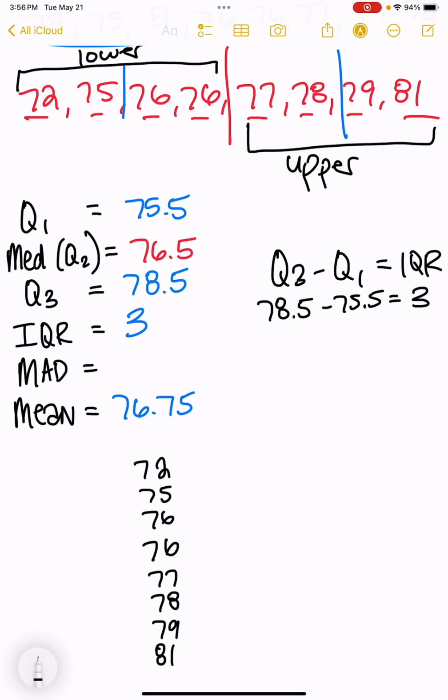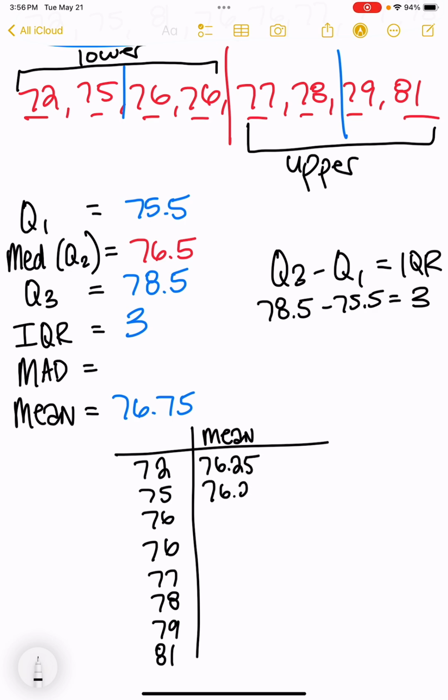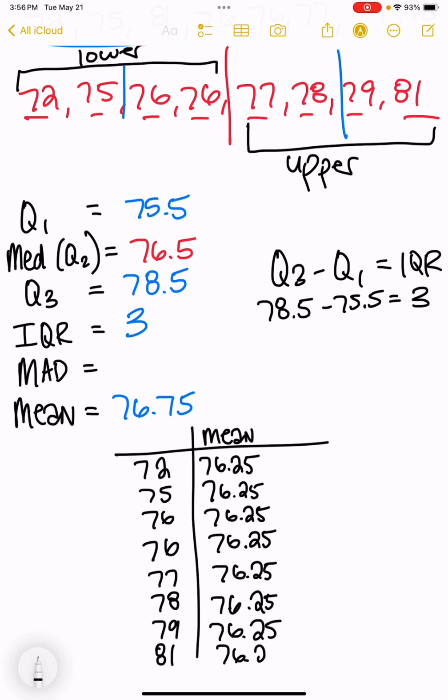And then we will have a column for the mean as well. The mean is the same for all of them, so write them out. Again, it's time consuming, but that's fine. Sometimes it takes time to get this math work done.